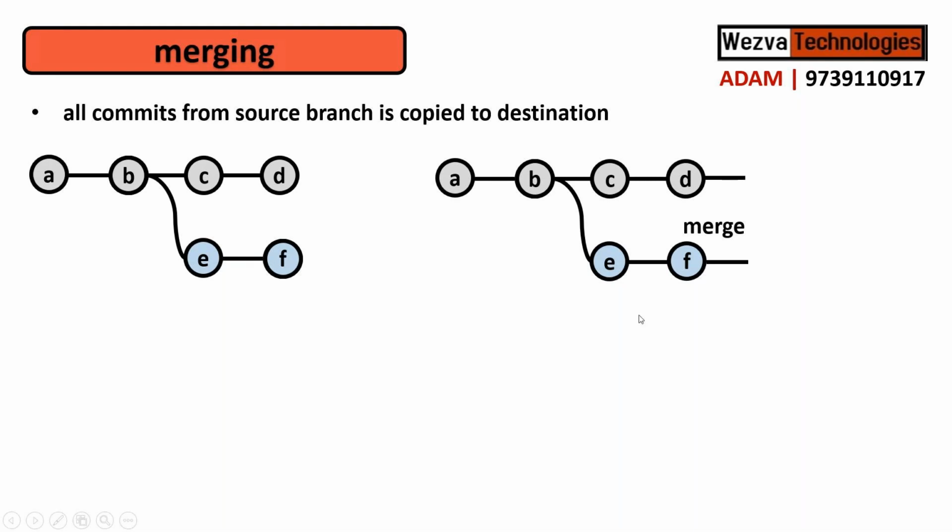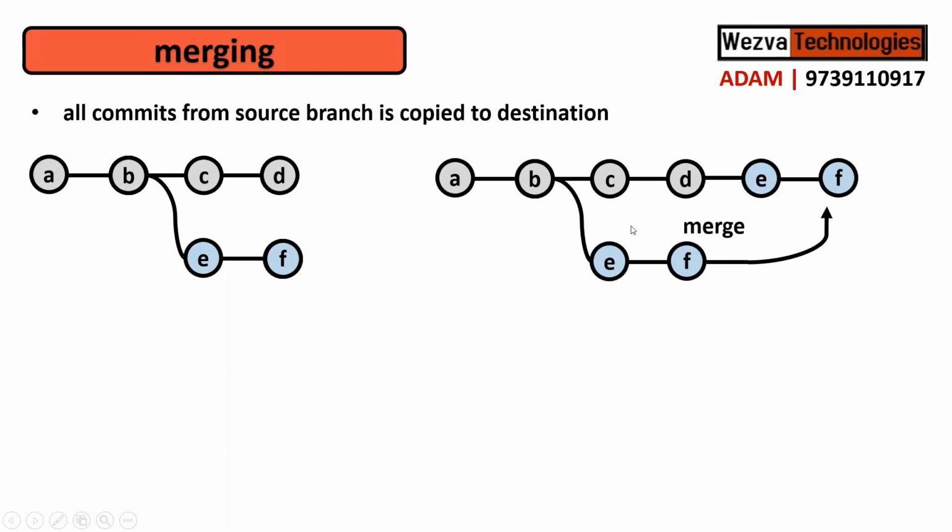So when you merge from the release branch as the source and the main branch as the destination, what happens? Merging will take all the commit IDs and put them to the destination branch. So now when you go to the main branch after your merge, you should be seeing an additional 2 new commit IDs, so that you will have all the existing commits plus the new commits which got copied from the source branch, which is the release branch. Okay, so this is what we call merging.